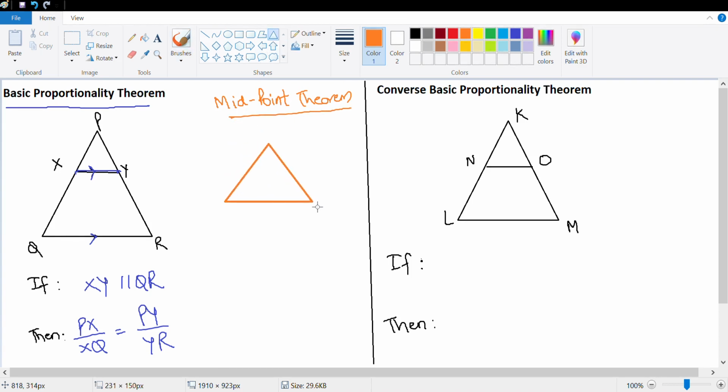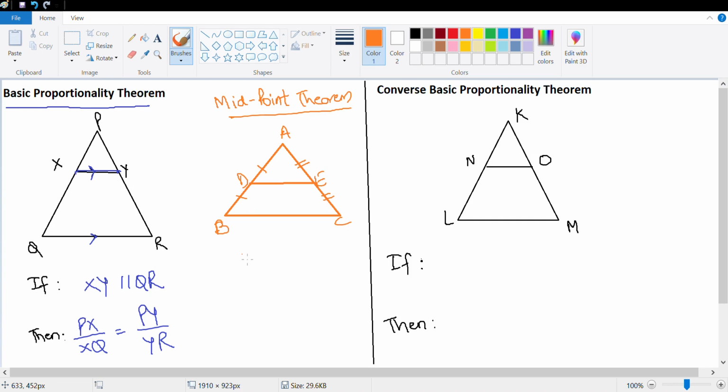Midpoint theorem states that in a triangle, if you join the midpoints of two sides, any two sides of a triangle, let's name this A, B, C, D, and E. So what was given was AD is equal to BD and AE is equal to CE, and then what we get is DE is parallel to BC and DE is equal to half of BC. This is what we learned in the midpoint theorem.